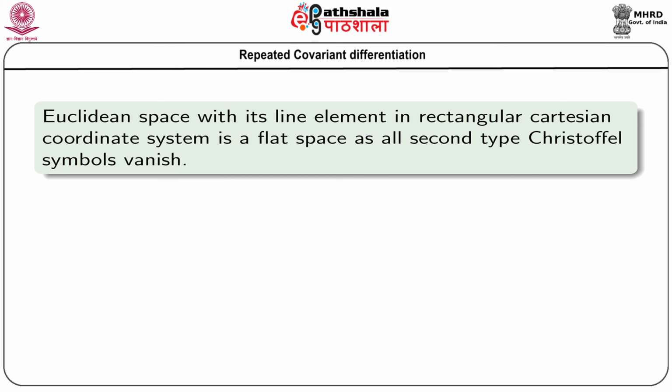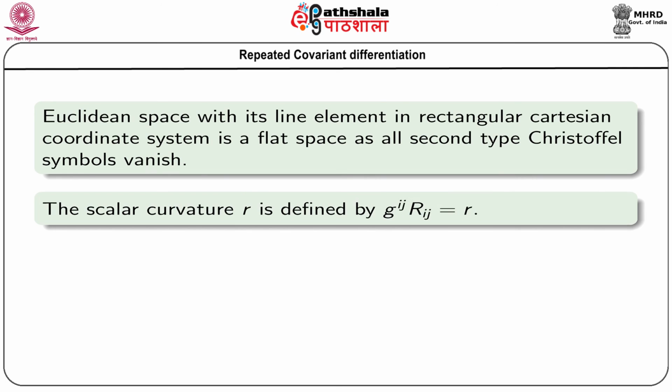So, the Riemann curvature tensor also vanishes. Now, the scalar curvature is defined by the contraction with g^{ij} R_ij, and that is denoted by R.